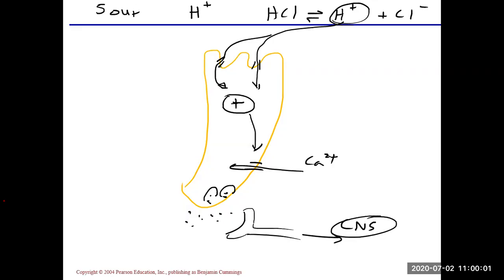Okay, so most of the time it is a hydrochloric acid that dissociates into hydrogen ion and chloride ion. The concept is very much the same. Hydrogen ion channels are located on these chemoreceptors, and as a result they could go right in through their channel. We discussed this was facilitated diffusion.